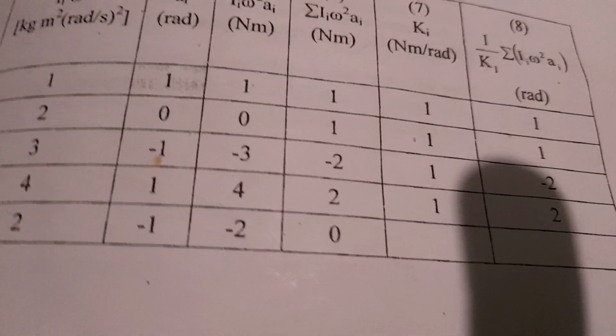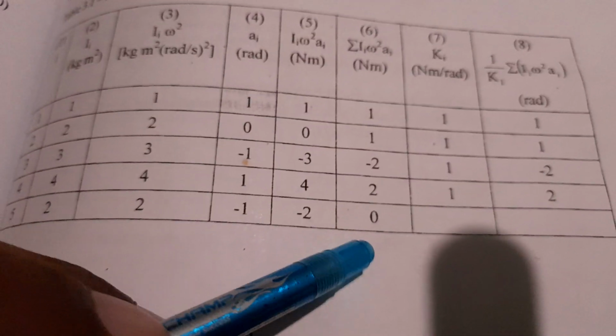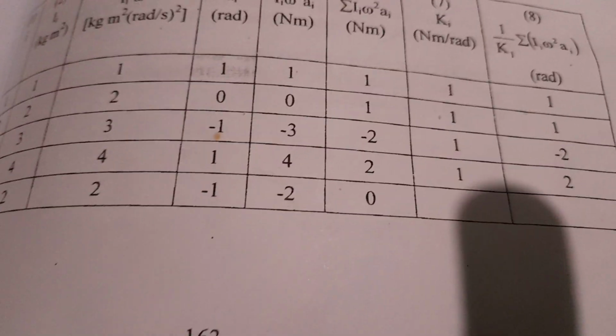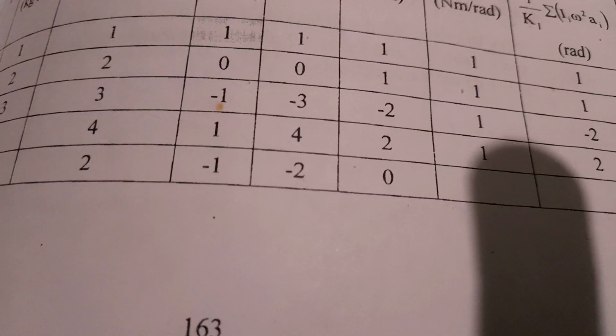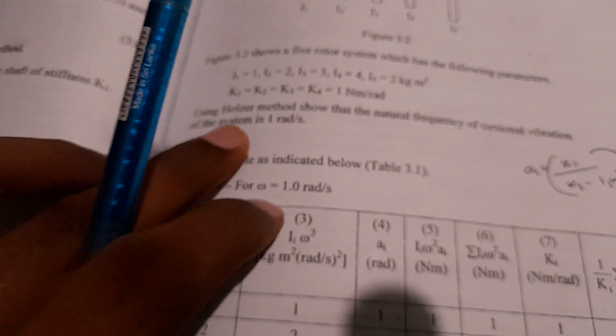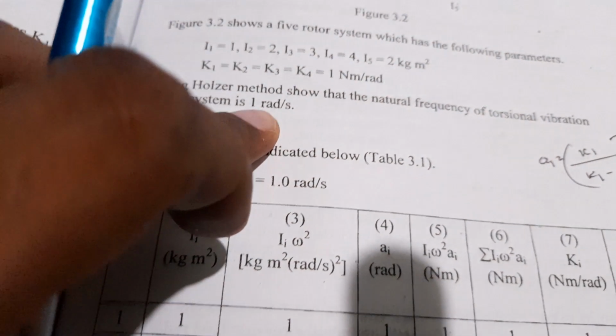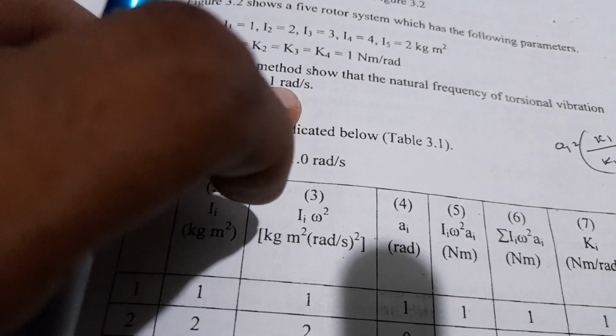So everything clear, right? Now see, you are getting 0 here. So if you are getting 0 here, then no problem. Then 1 radian per second is definitely the natural frequency.